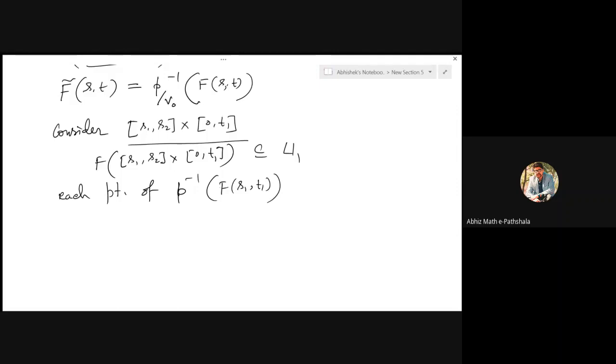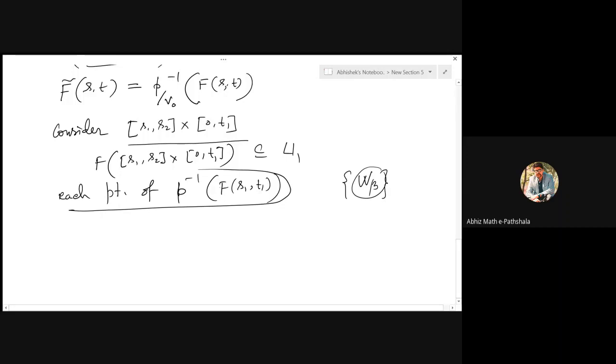Suppose W beta is the partition with respect to which U1 is evenly covered. That is, if you take W beta as the partition of the open neighborhood U1, then each point of this set will be in exactly one open set W beta.